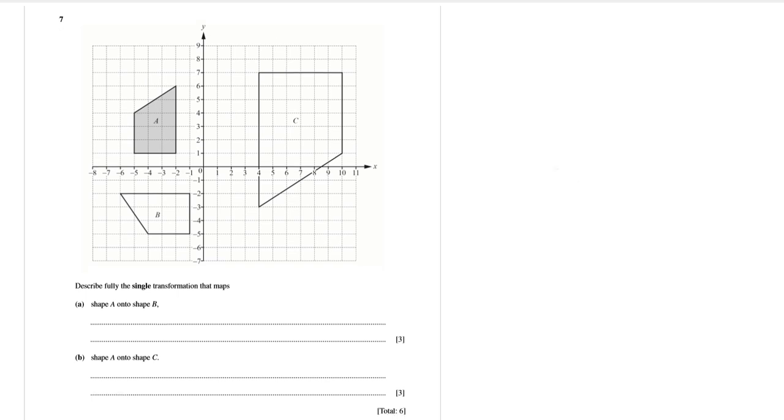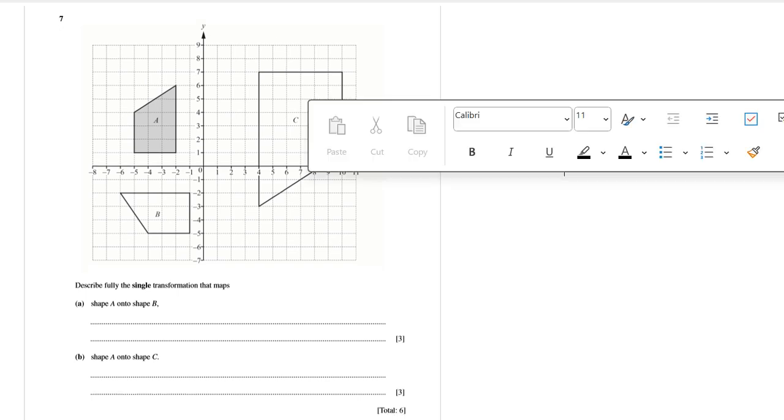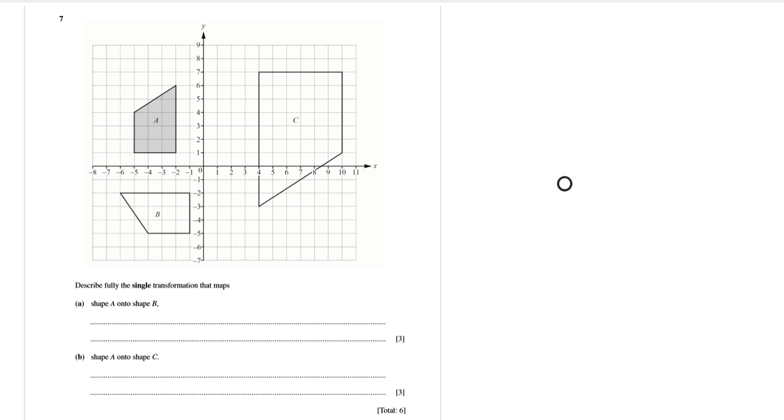Question 7. Shape A onto shape B. So this is not reflection. We can verify. You can join any two same corners, like I'm joining this corner with this corner, and this corner with this corner.